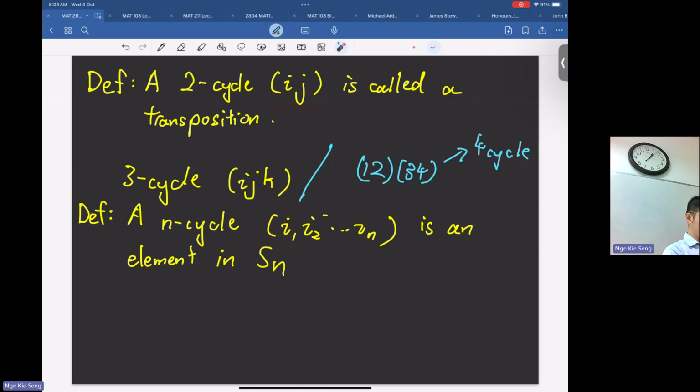So what's the difference between these two? For example, let's say (1 2 3 4). This we will call a 4 cycle. This other one we don't want. What's the fundamental difference here?